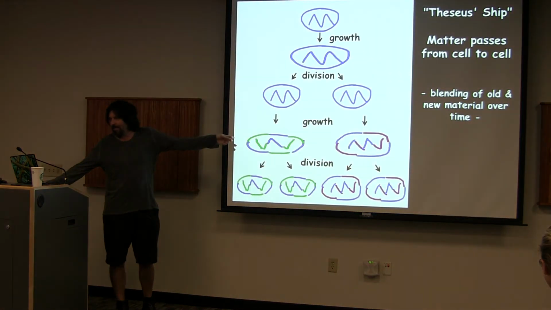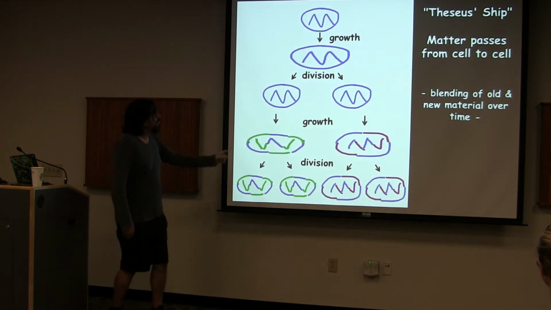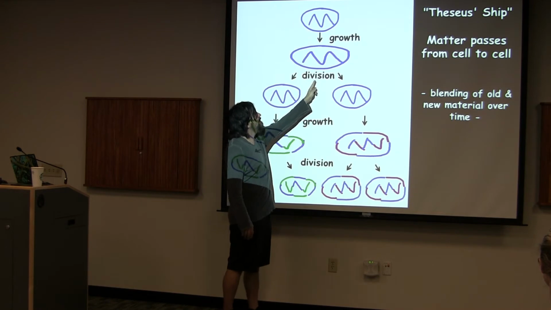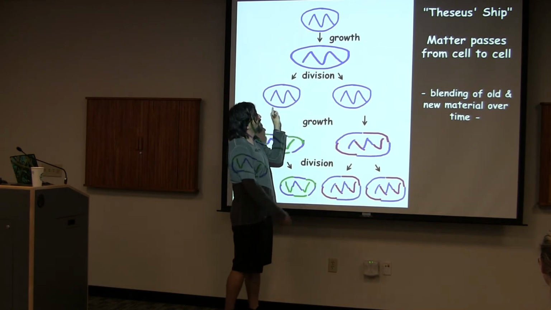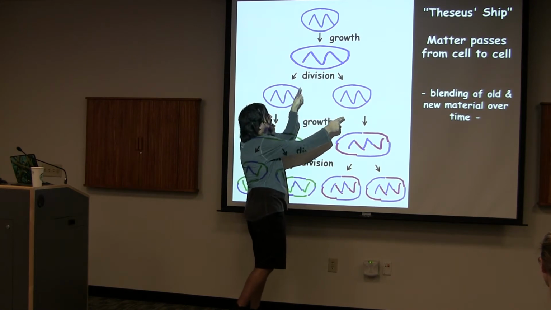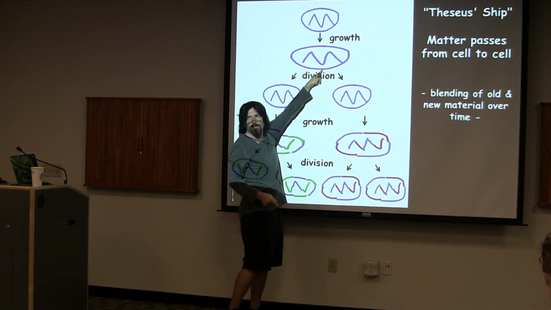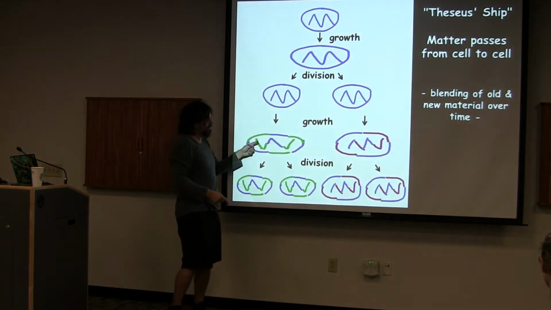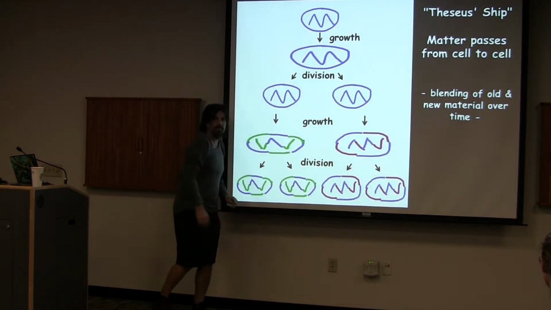Here's basically a cartoon. Your cell grows up, and just after division, the two daughter cells are 100% of what was there. Over time they accumulate new things, but the next time they split, it's the same story.